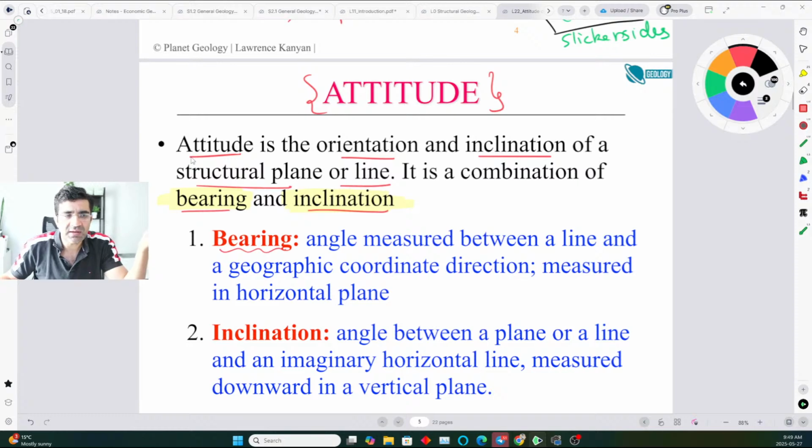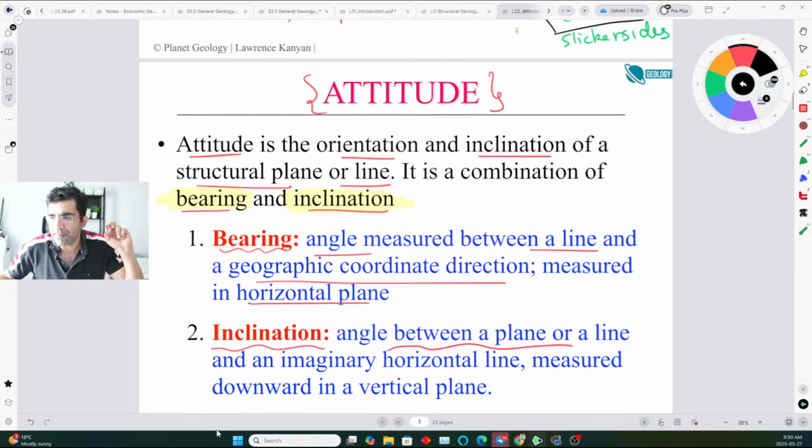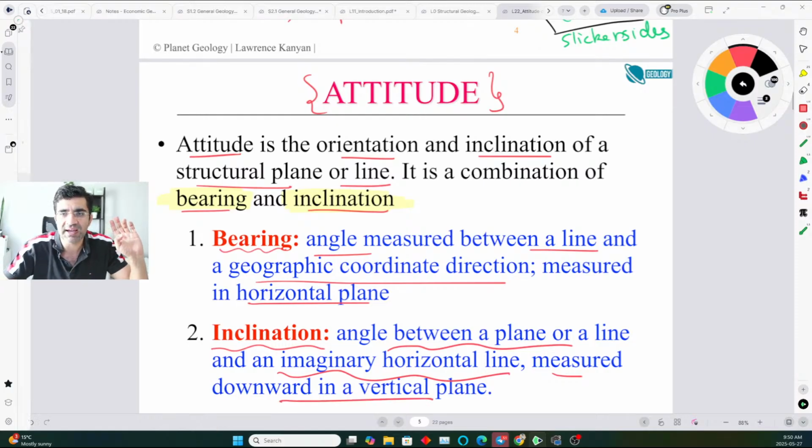Bearing is basically the angle measured between a line and a geographic coordinate direction, measured in the horizontal plane. Whether you are defining a line or a plane, keep in mind these two terms, bearing and inclination. Inclination is the angle between a plane or a line and an imaginary horizontal line, measured downward in a vertical plane. I will explain these with diagrams.